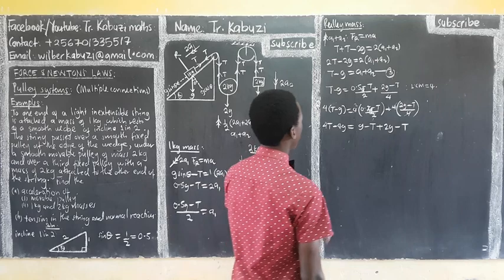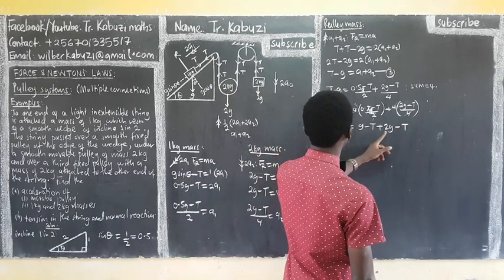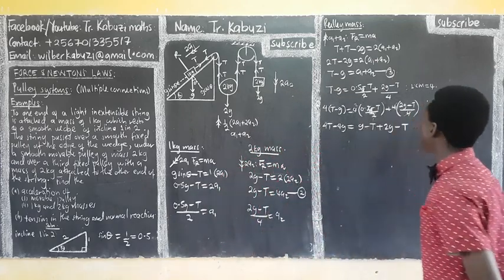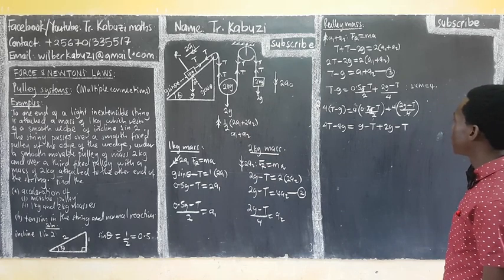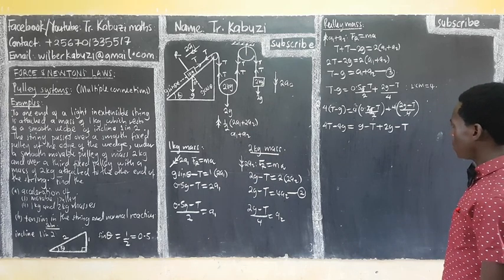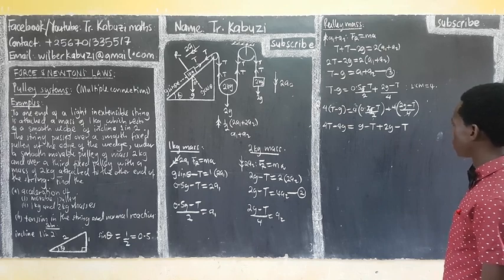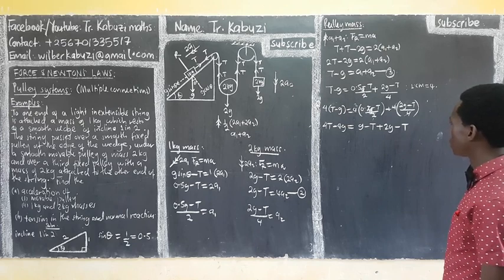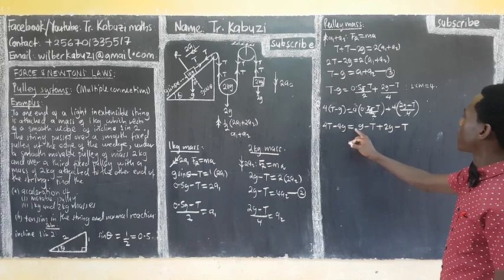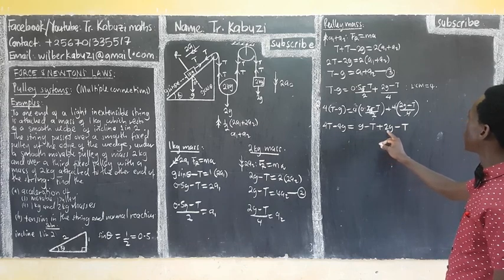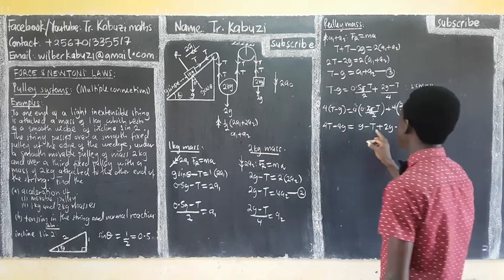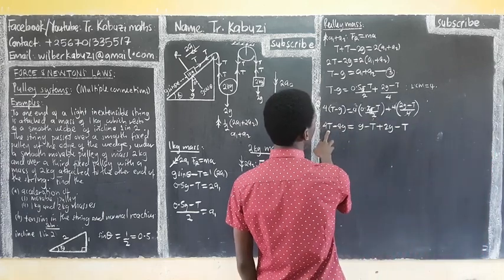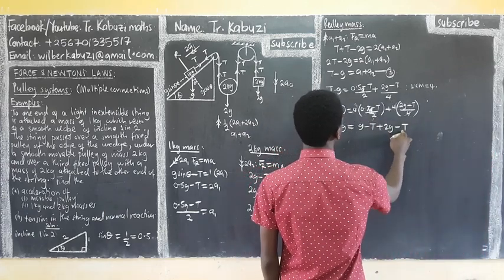Okay, so now you can see this is going to give us, is there any? I think that's it. So now this is going to give us, this one is going to give us 4, this is going to give us negative 2.